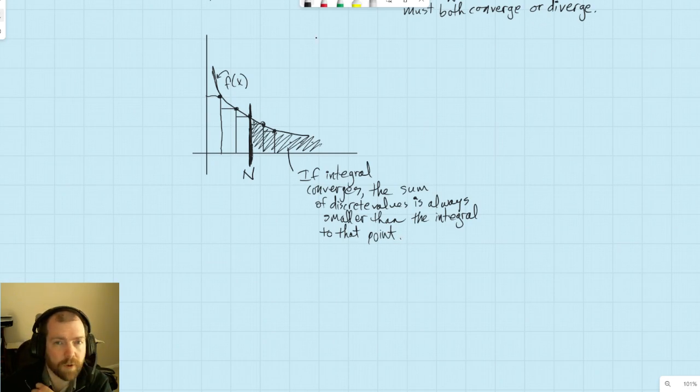So, if we were looking at the summation of all these rectangles, etc., we're going to notice that these are always going to end up being smaller than the actual integral that's showing up here.